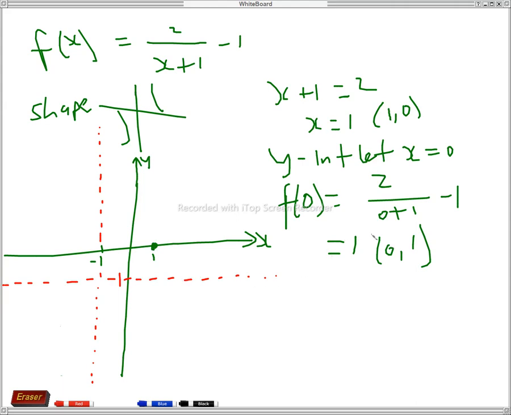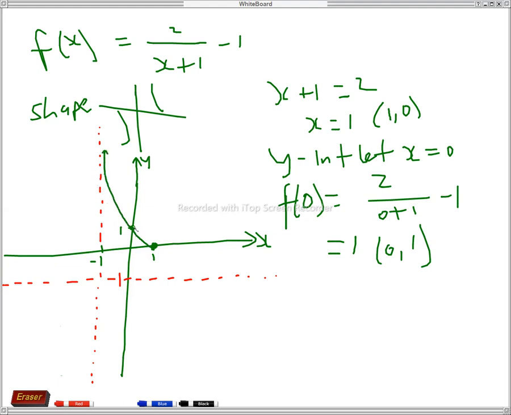Y is 0 and 1, so 1 can be right here. I'm done with plotting my coordinates. Now it's time for me to sketch my graph. So my graph will look something like this.